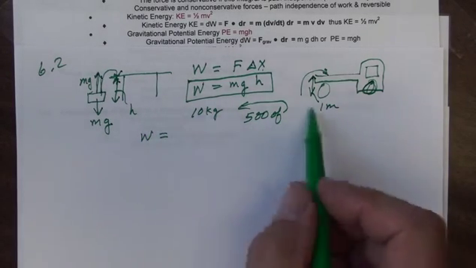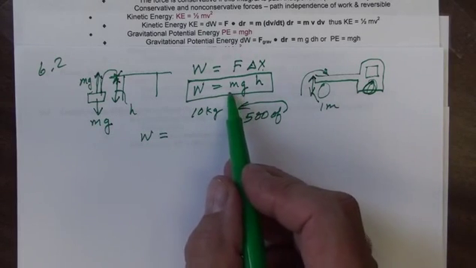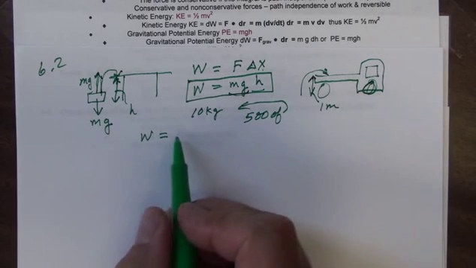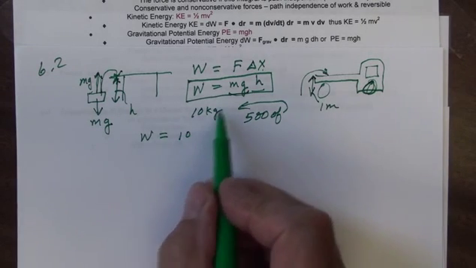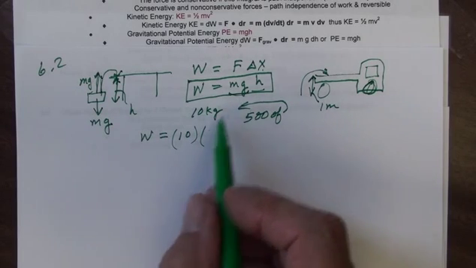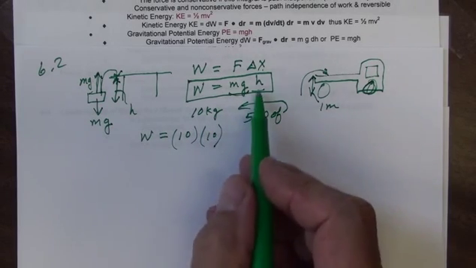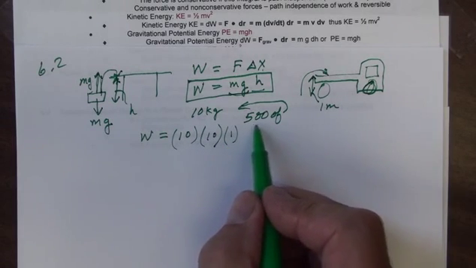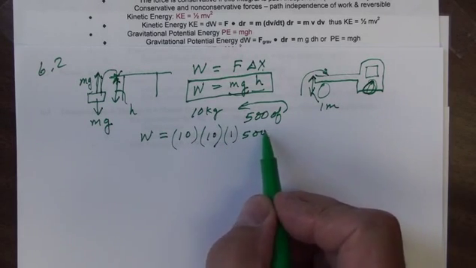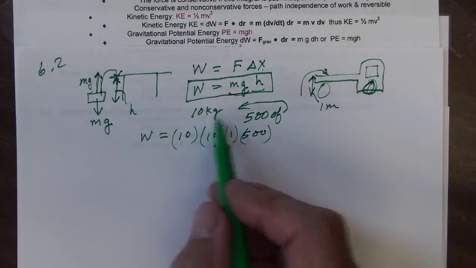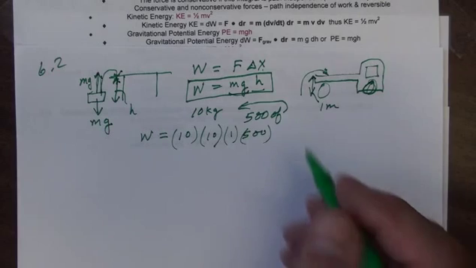Well, our work is going to be equal to our force times our distance. There's our force, there's our distance. And how do we work it out? Well, we have 10 kilograms for our mass. g is 10. Our height is 1. And we're going to do this 500 times, because we have 500 of these stones to put in the back of this truck.